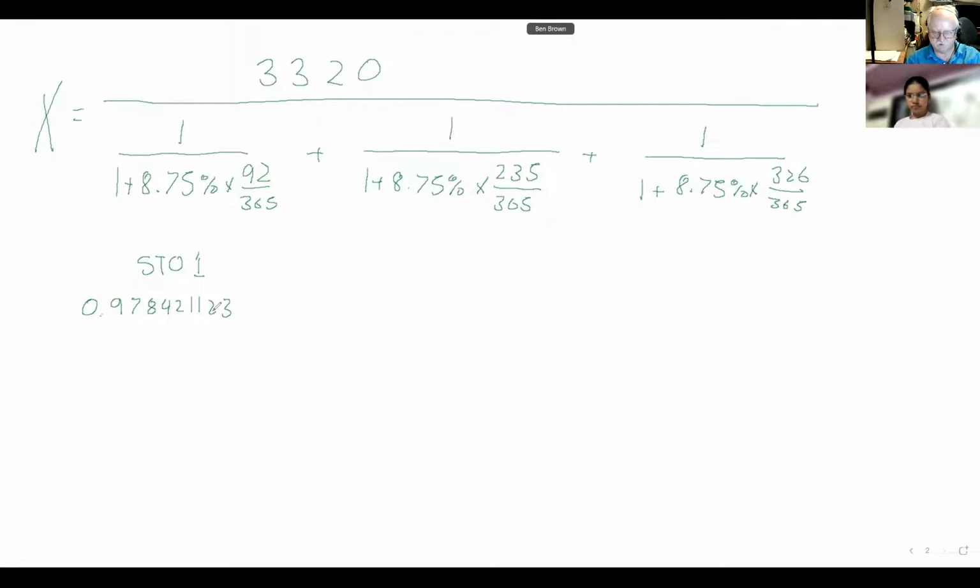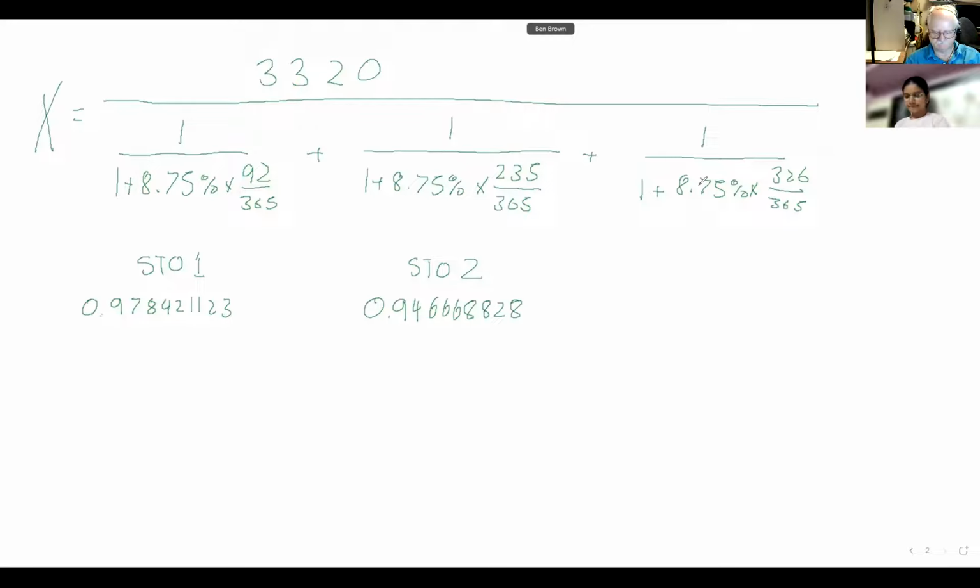Now I do the same here. 235 divided by 365 times 8.75% plus 1, and then hit the 1 over X, and I'll store that in register 2. So store 2, and I'm storing 0.946668828.